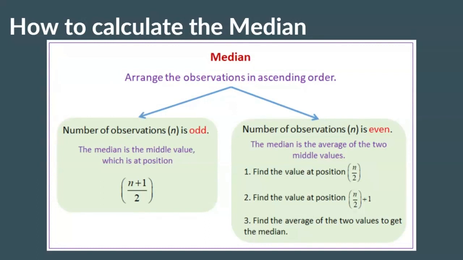But if it's even, it is the average between the two middle values. So if you have 8 data points, the numbers that are in positions 4 and 5, you need to get the average of those two. And that is what the median is. And the average is those two divided by 2.